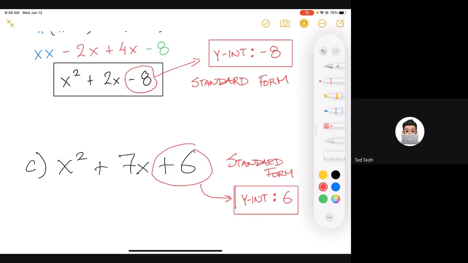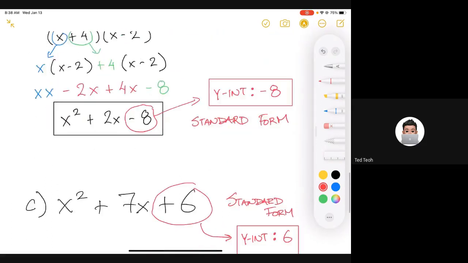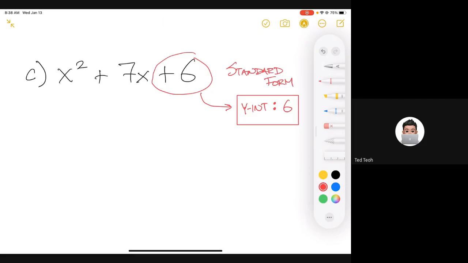But when I'm trying to do the x-intercept, it gets a little confusing because how do I go from standard form to factored form? How do I change this question where there's no brackets to a question that looks up here with 2 brackets? All right, so to go from standard form to factored form, it's kind of like question 2B and 2D on your test.